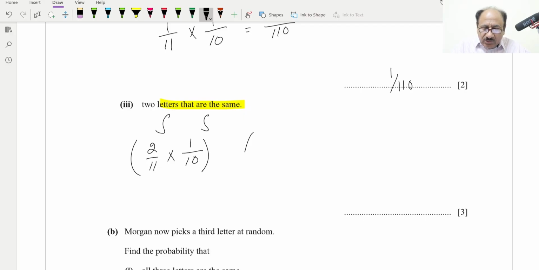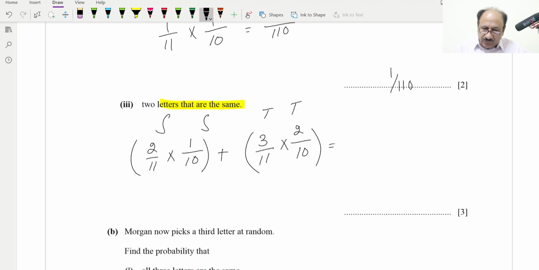Now the other situation can be I. We have three I's, so the first probability will be 3 by 11, and for the second one it will be 2 over 10, because 1 I will be gone, so now we will have 2 I's out of 10. So this will be the probability in case of I and I. Now we can add these two probabilities.